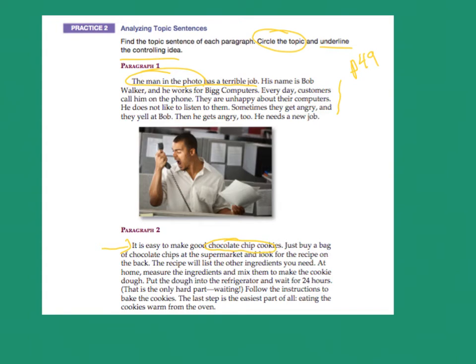What do we want to say about chocolate chip cookies? Are we talking about how they're delicious or how they are expensive? No. We are talking about how it's easy to make. So all of the sentences in our paragraph explain just how easy it is to make those cookies.